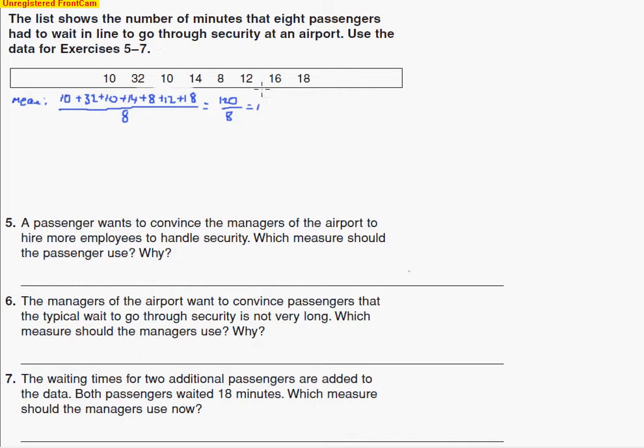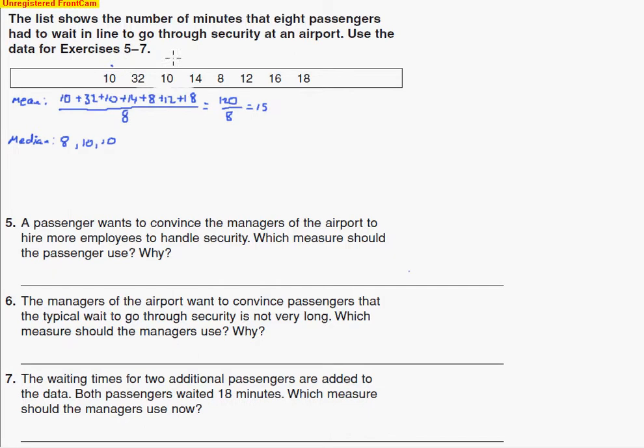Well, we're not done yet. Let's go ahead and figure out the median so that we can look at that central tendency to determine whether it is a reasonable one to look at or not. And so the first thing we do when we find the median is take these numbers and reorder them. Put them in order from smallest to biggest is what I typically do. So I've got 8, I've got 10, 10 again.